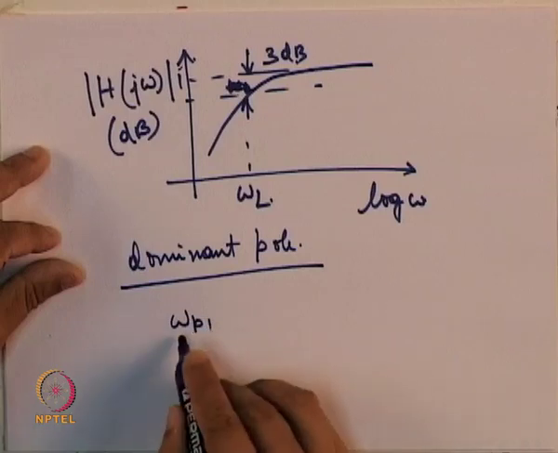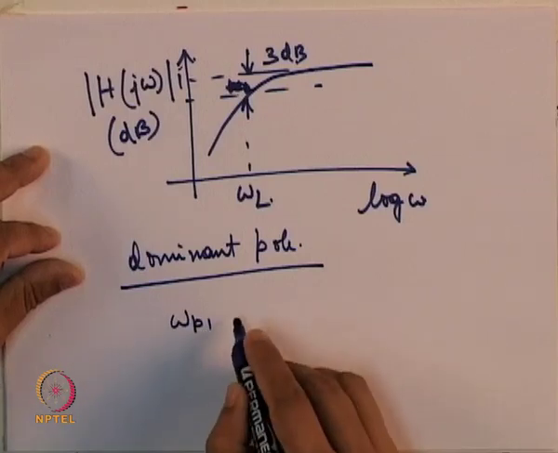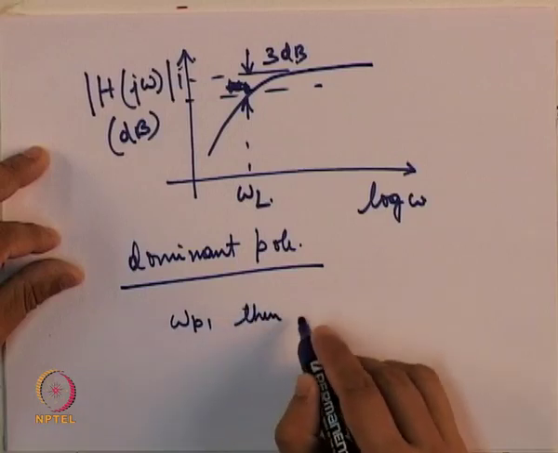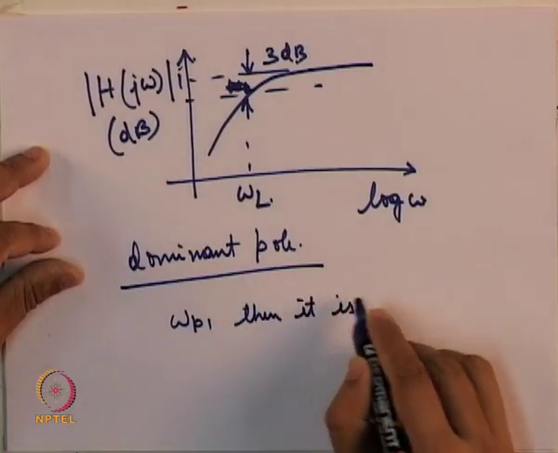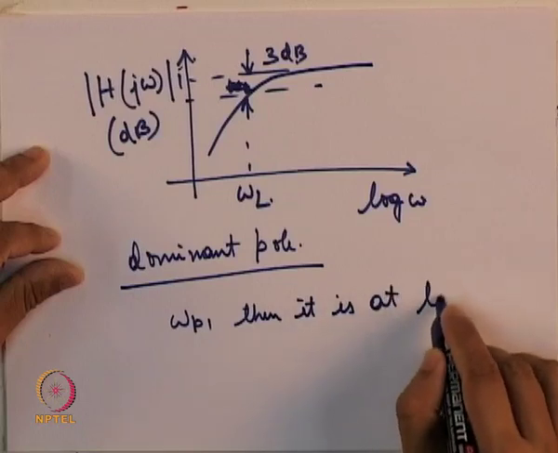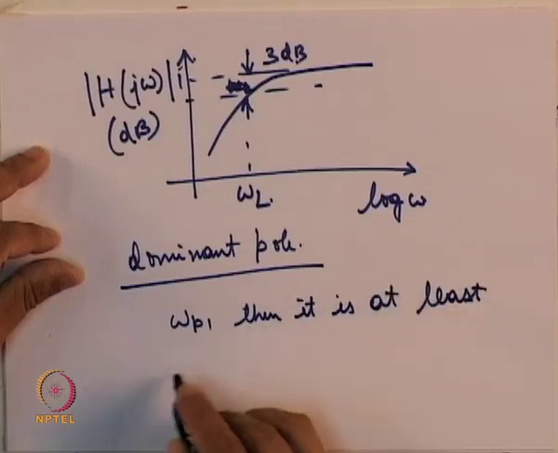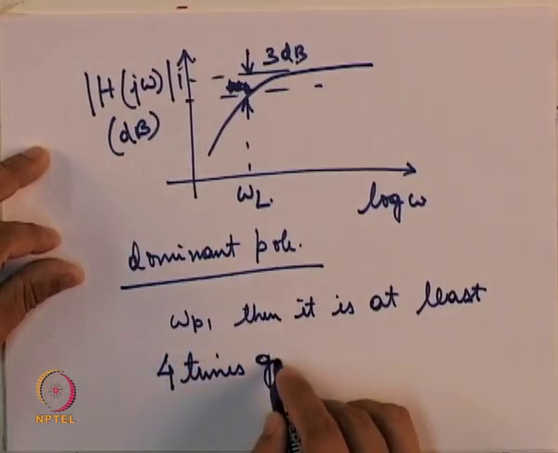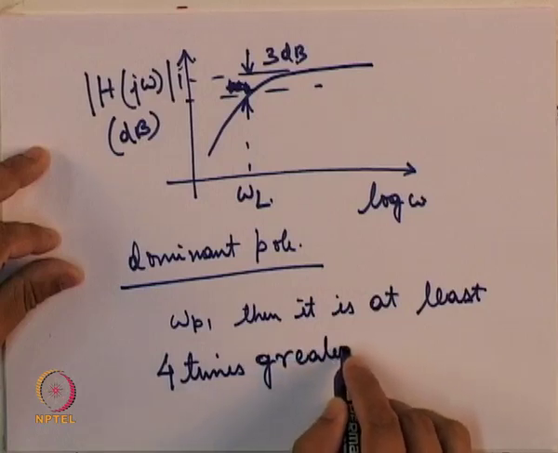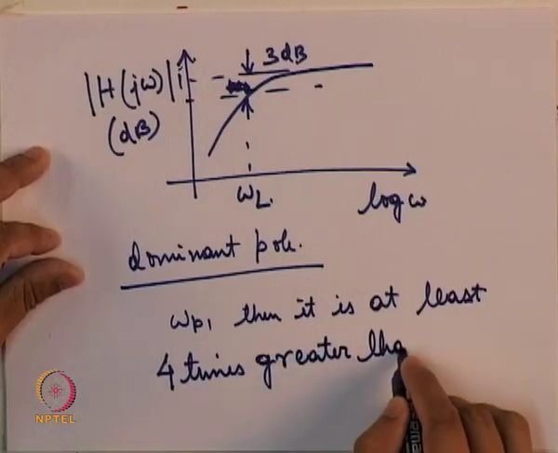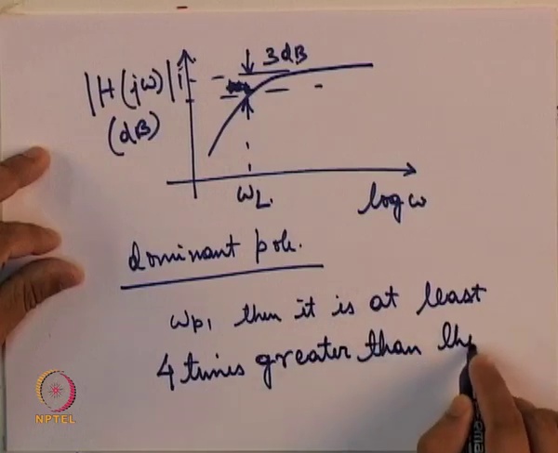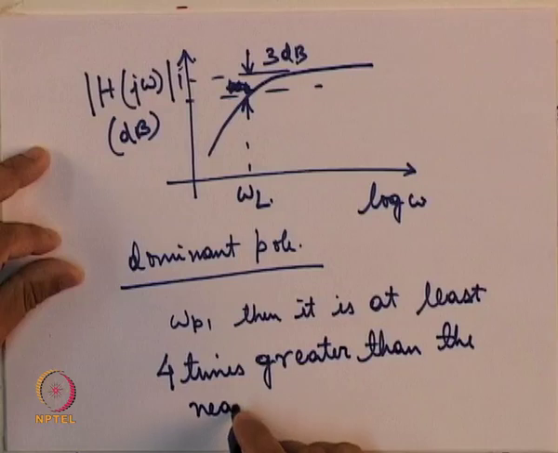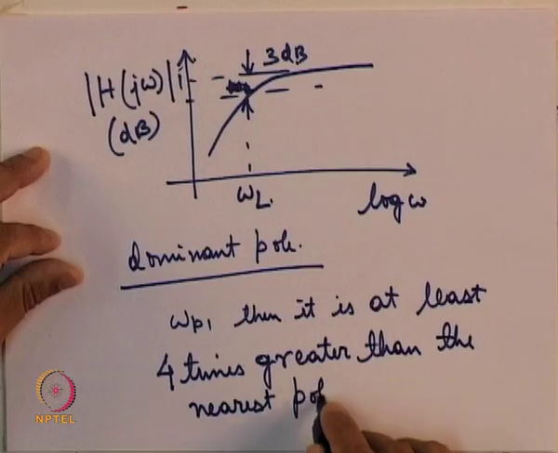Suppose this omega p1 is the dominant pole, then it is at least 4 times greater than the nearest pole or zero.